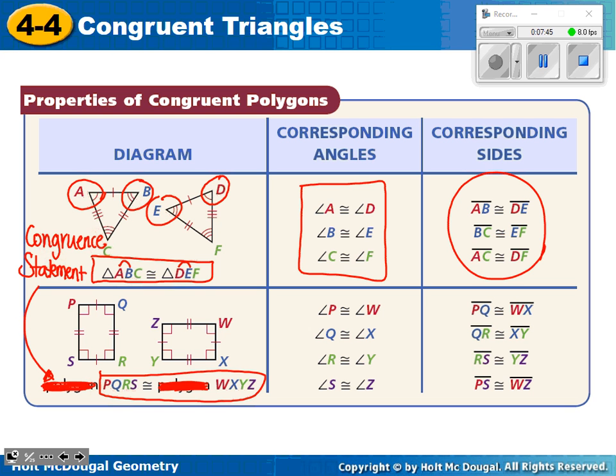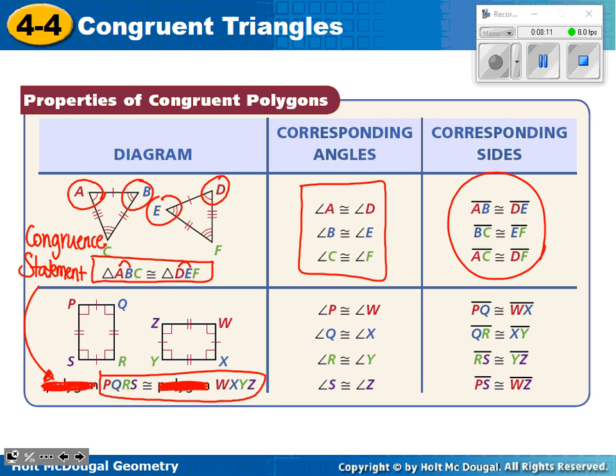Sometimes they will draw pictures that don't match up the way you think they should match up by just looking at them. You are always going to use your congruent statement. Your congruent statement is the truth. Whatever it says is the way it matches up. If it says A is congruent to D, it doesn't matter if it doesn't look like A is congruent to D. A is congruent to D. Okay? So always go off your congruent statement.